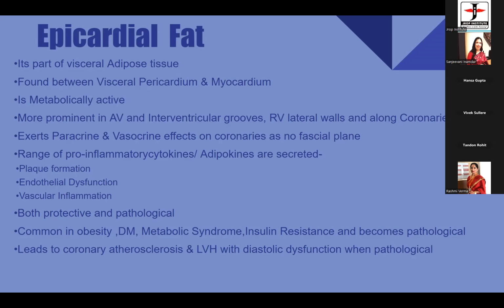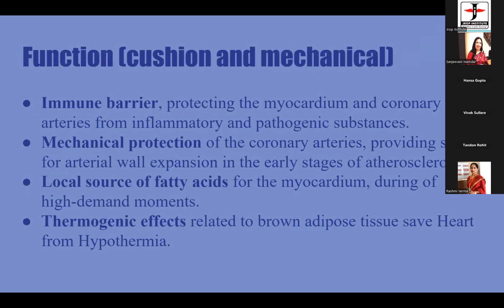It also has some protective functions. It functions as a cushion, mechanical and immune barrier. It provides mechanical protection to the coronary arteries, providing space for arterial wall expansion in the early stages of atherosclerosis.